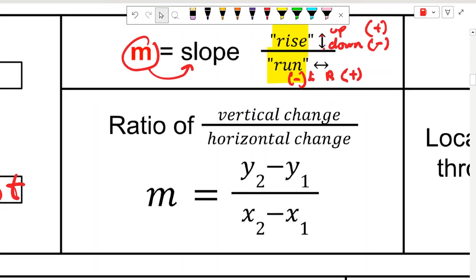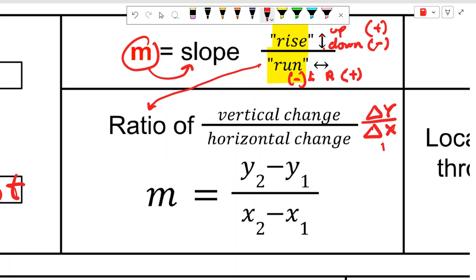All right, this ratio that we just talked about is the vertical change over the horizontal change. And if you remember back to a previous lesson, we had delta y, that's vertical change, over horizontal change, delta x.